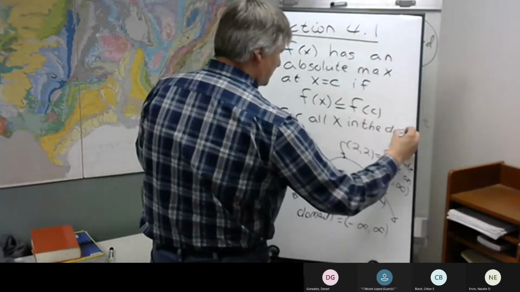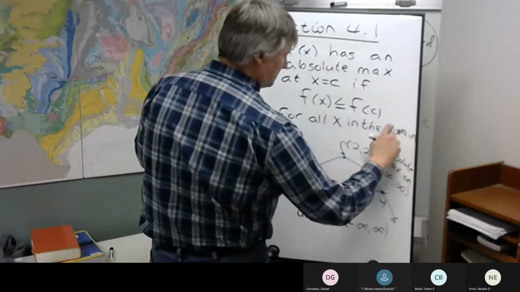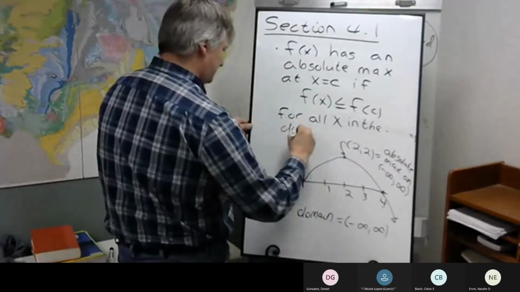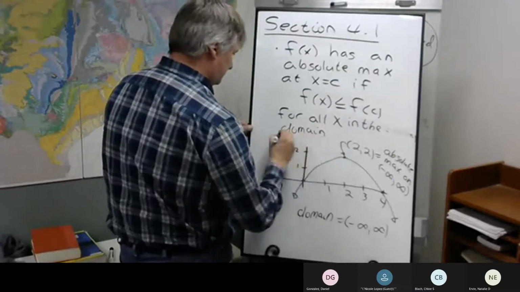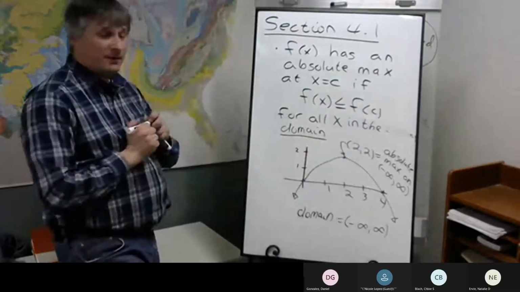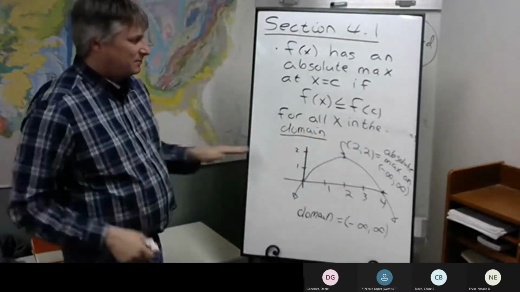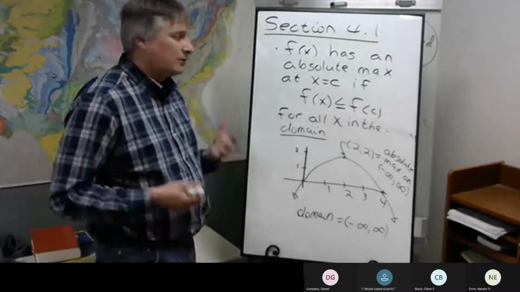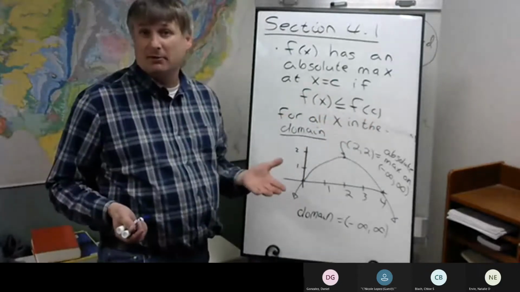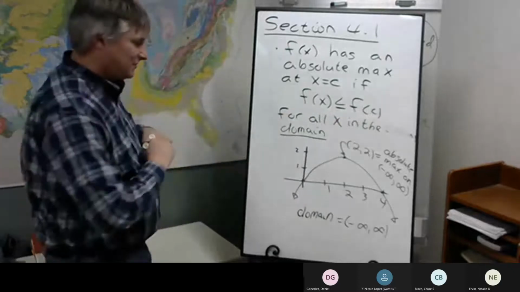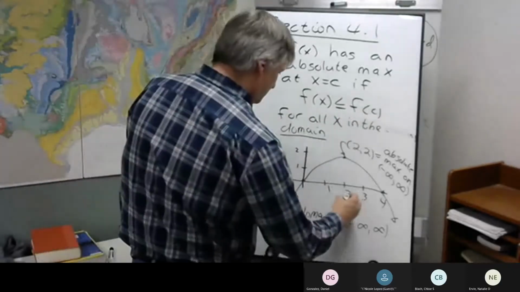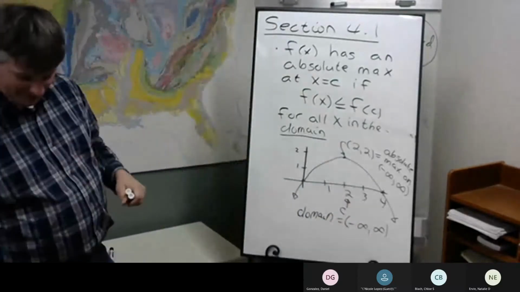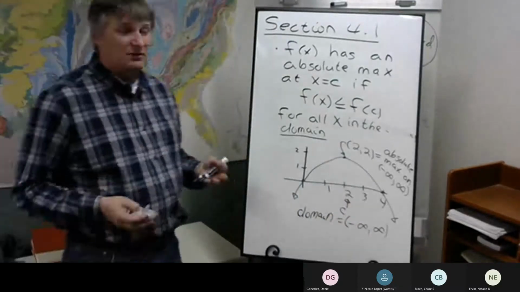And there's that key word again. Let's squeeze it in there. For the domain, f of x is less than or equal to f of c, where x equals c is where we have our max. So in this case, 2 would be our c. So questions about that?